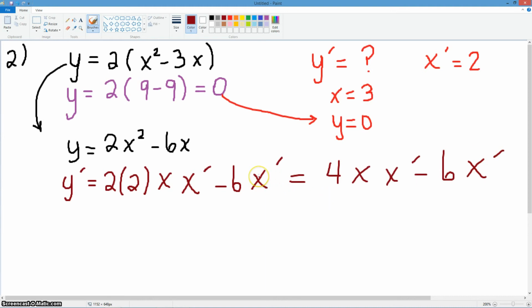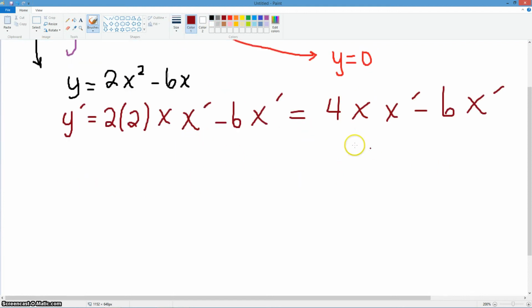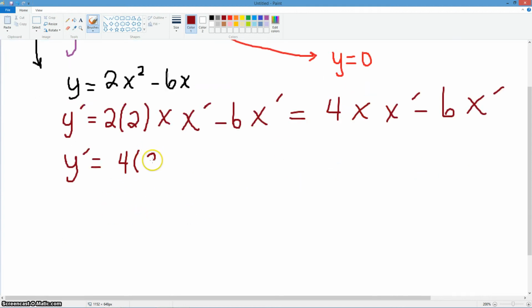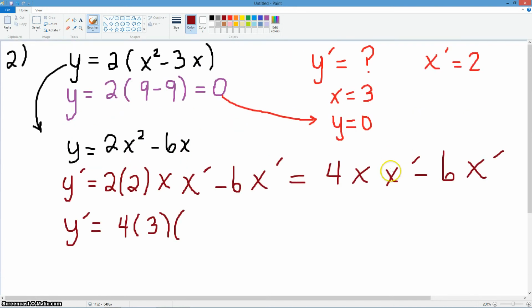Okay? Alright, so in this case, we're looking for y prime. That's what we're going to need to look for, and it's already isolated, it's already solved for, so we're good to go there. So all I need to do now is really just plug in our given values. So I have y prime is equal to 4 times, what is x? Scroll up here, x is 3, times x prime. What's x prime?